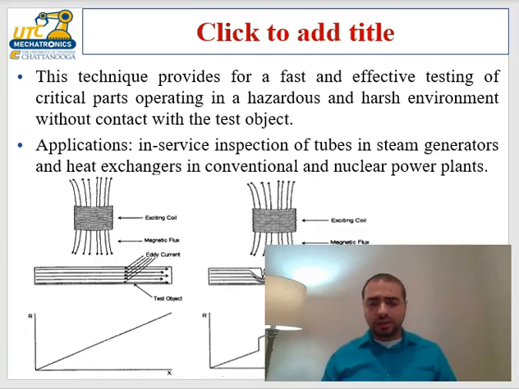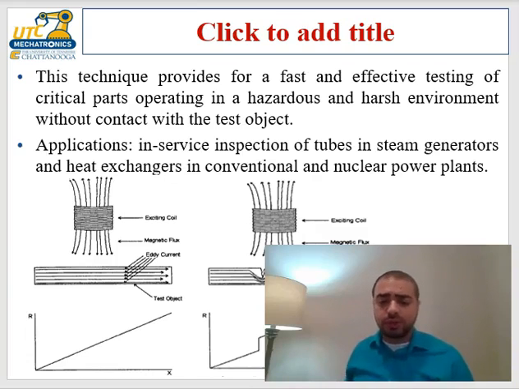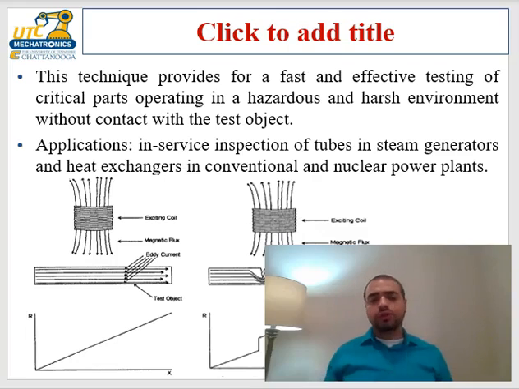Of course, it's non-contact, it's non-destructive, and it gives a good indication of faults on the surface of the conductor. So again, it has to be applied to electrical conductors, but not necessarily ferrous materials. It can be applied to any conductor.